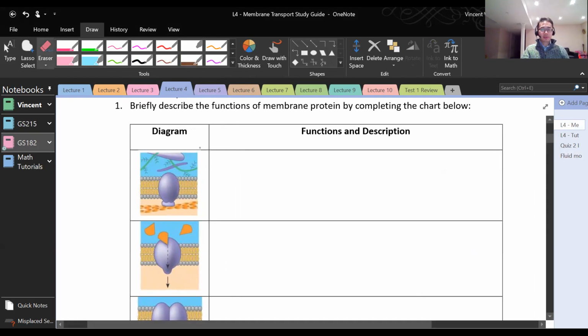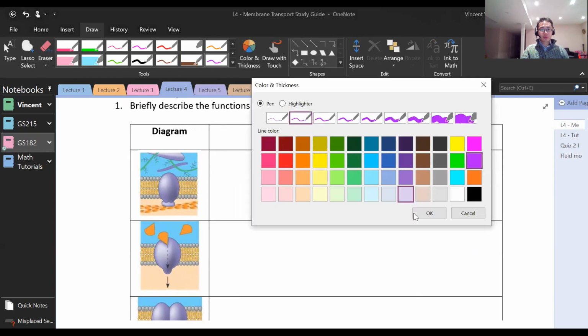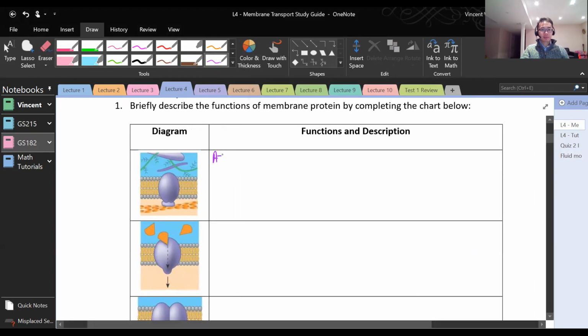It allows attachment to the cytoskeleton. That's the function. So it allows the cell to attach to the extracellular matrix.